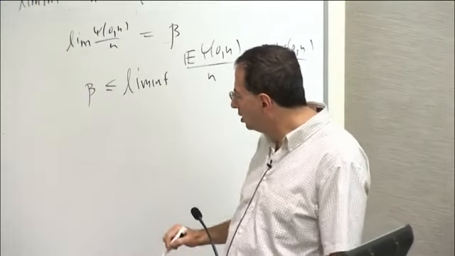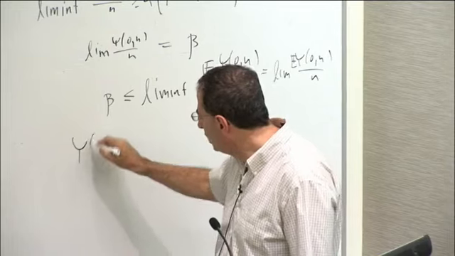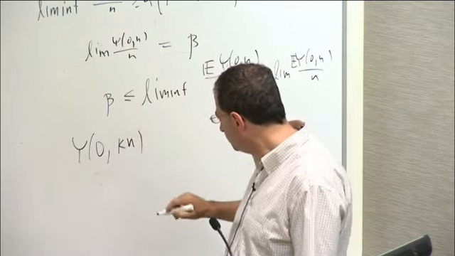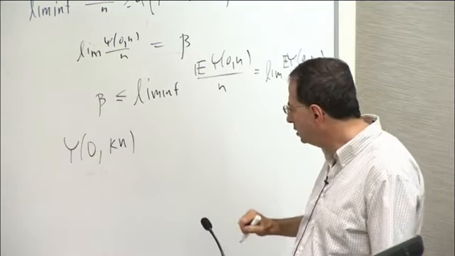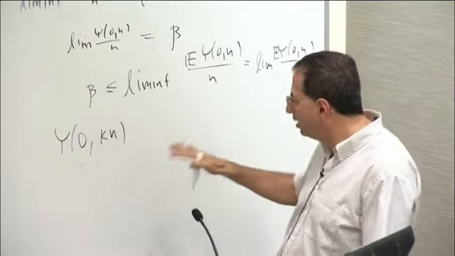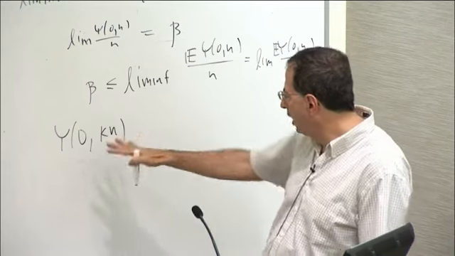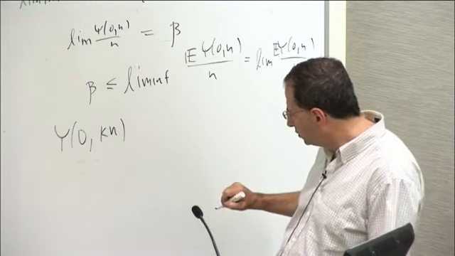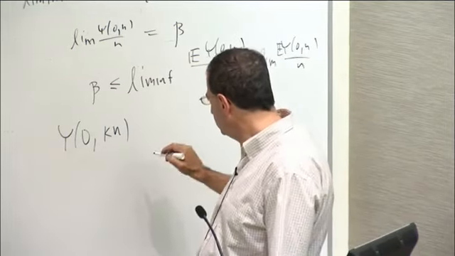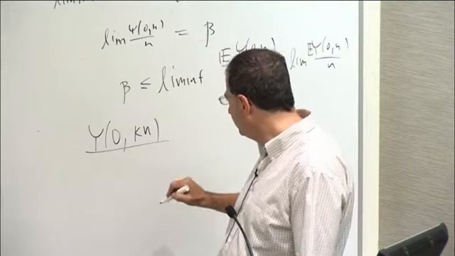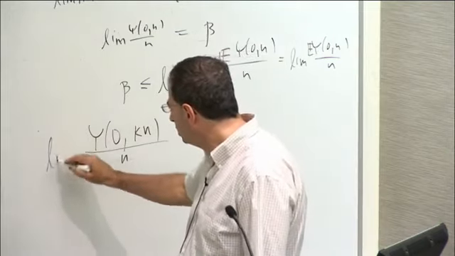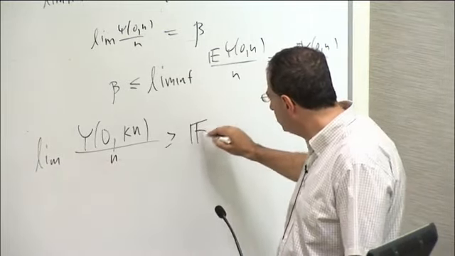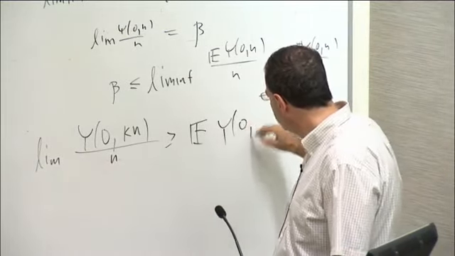In the other direction, just observe that if you take y0 and say k times n, you can break this up into n intervals of length k, right? So if you take this and divide by n and take a limit, this will be bigger than the expectation of y0k.